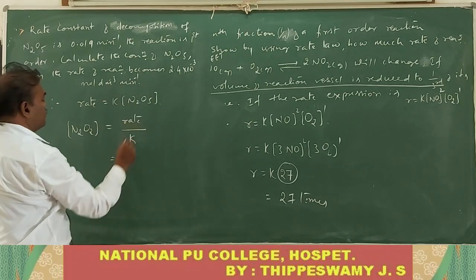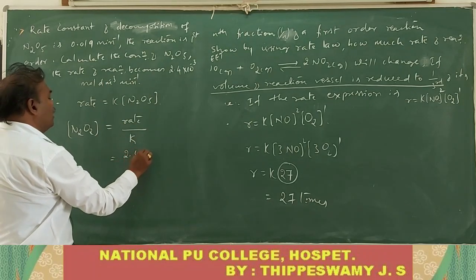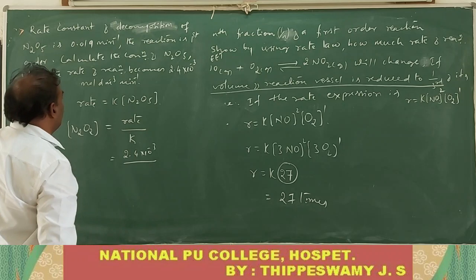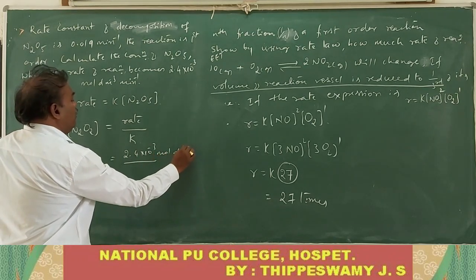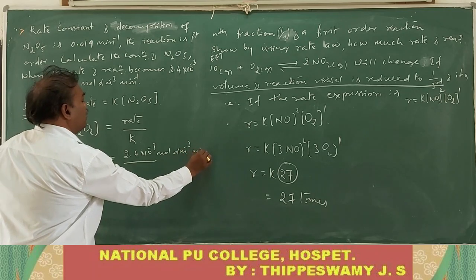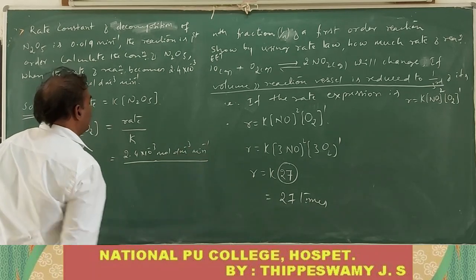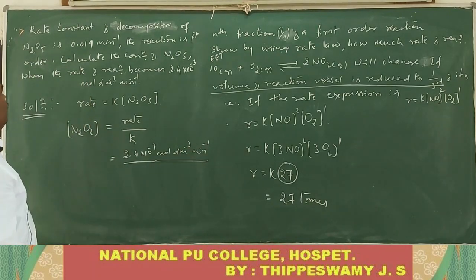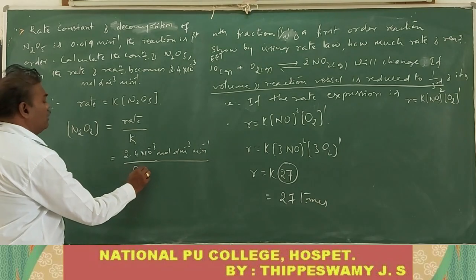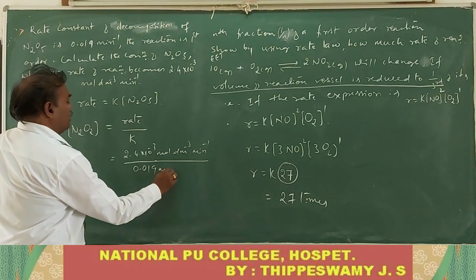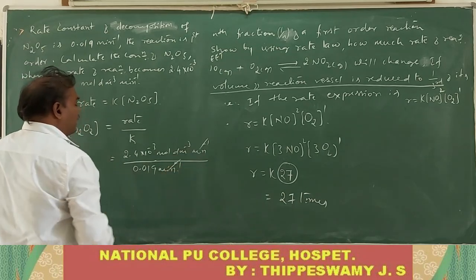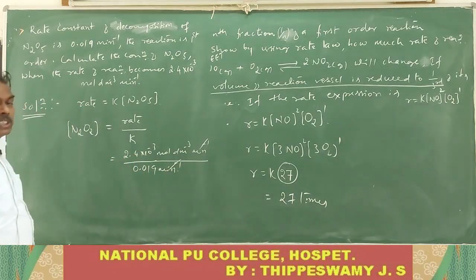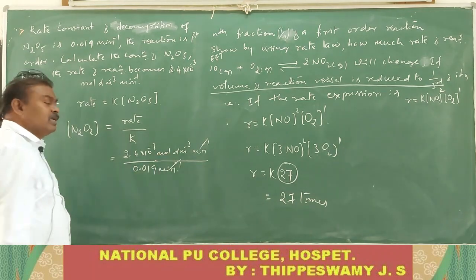The rate is 2.4 into 10 to the power minus 3 mole per dm cube per minute, whole divided by the rate constant value given, 0.019 per minute. Now per minute and per minute get cancelled. The concentration unit will be in terms of mole per dm cube.